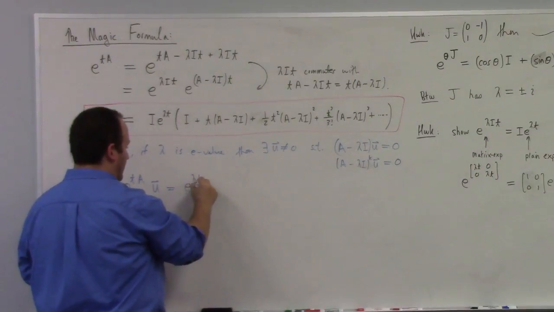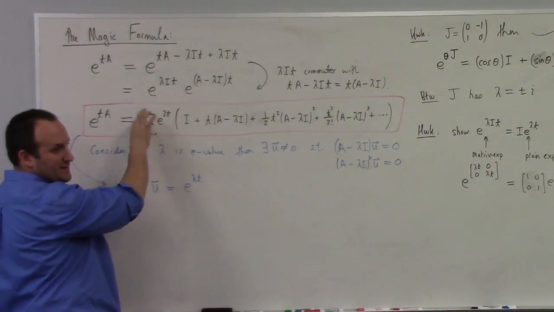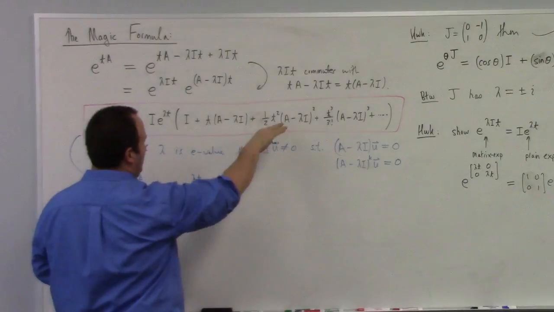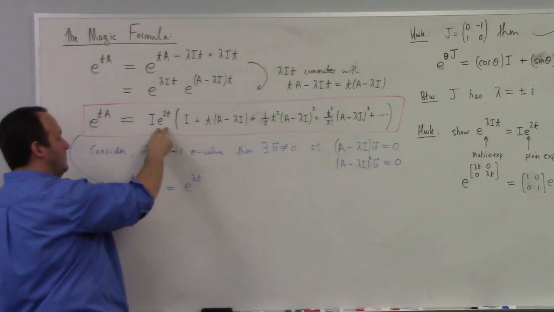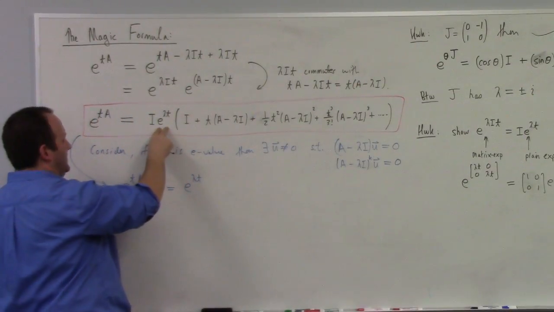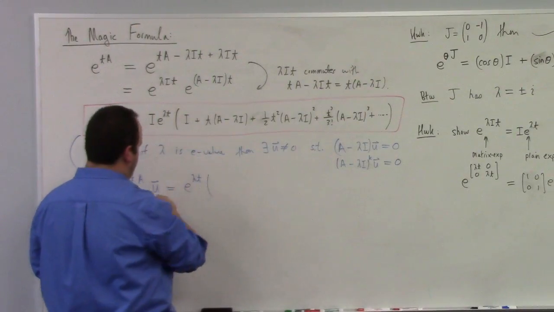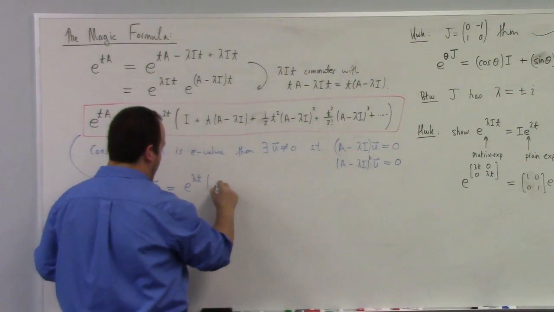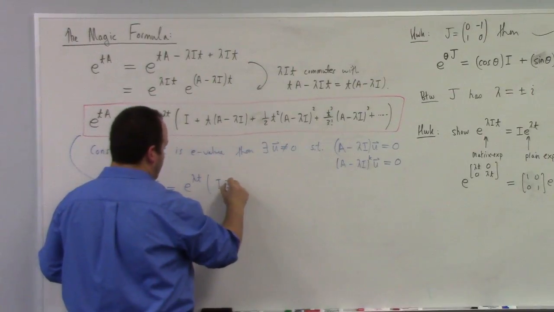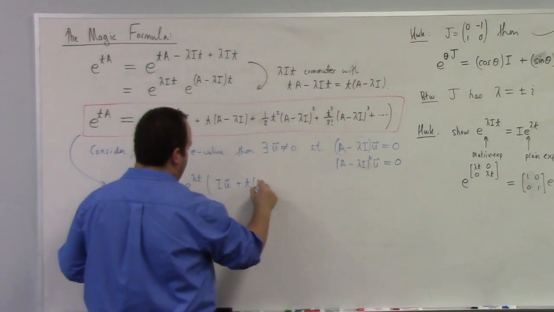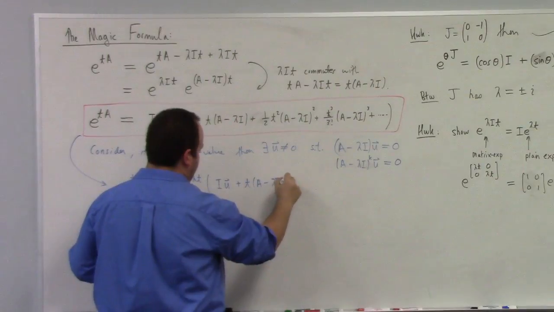That's an identity matrix, so we don't really need to write that. We can just do scalar multiplication of e to the lambda t times this sum of matrices times this vector. So I get I u plus t times (A minus lambda I) times u.